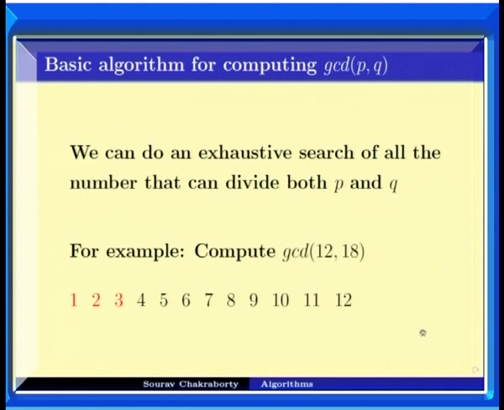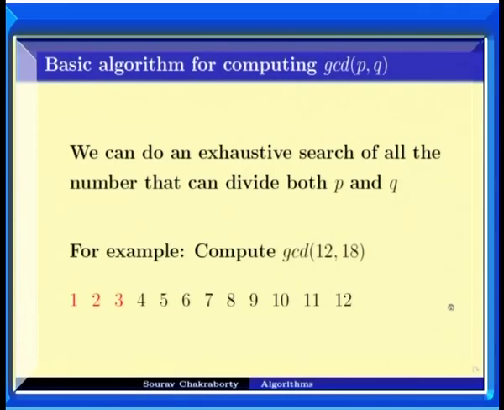Then we come to 4. 4 does divide 12 but does not divide 18, so it cannot be the GCD, and hence we leave it black. Similarly for 5, and when we come to 6, we see that 6 divides 12 and 18, so we mark it red because that is a possible GCD.